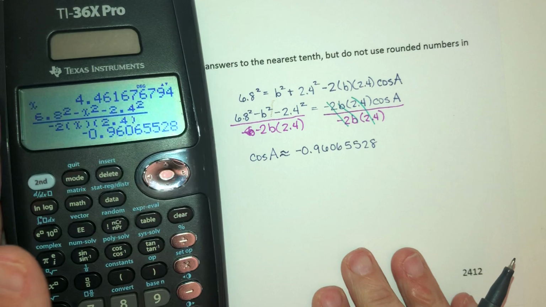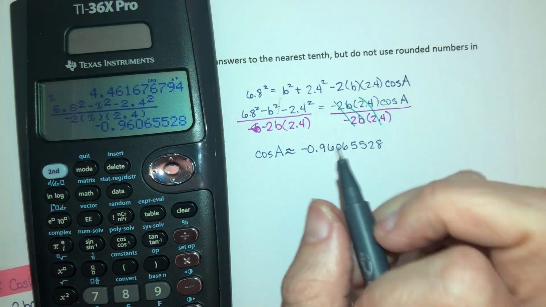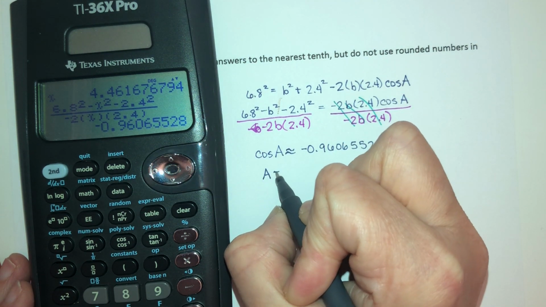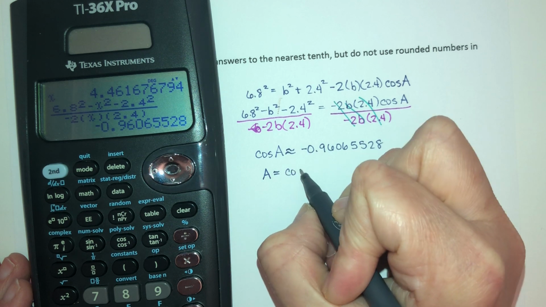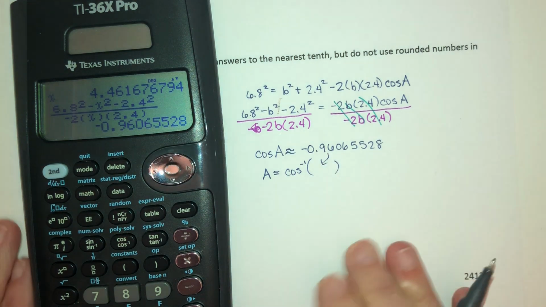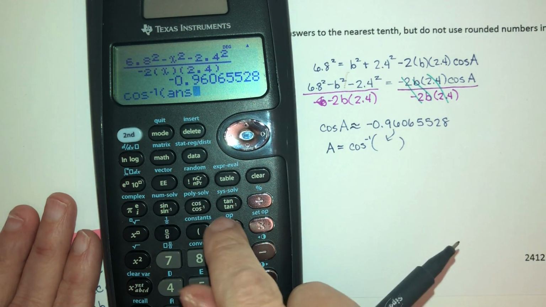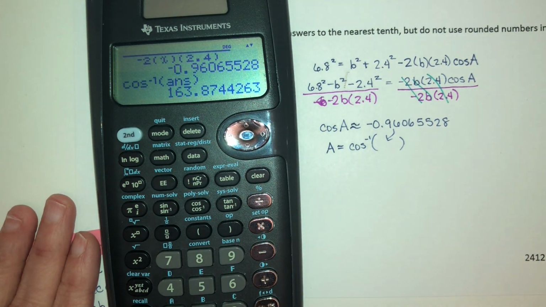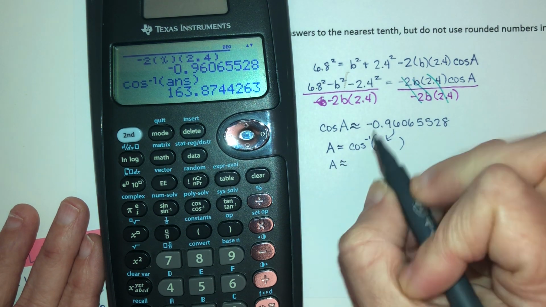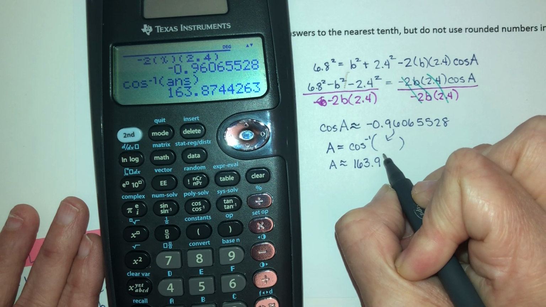Okay, now to find a value for A, it may not be the one we're looking for, it may not be the only one, but we'll find our angle A could be inverse cosine of that. So I'm going to figure inverse cosine of that answer. And I get my angle A is approximately 163.9 degrees.